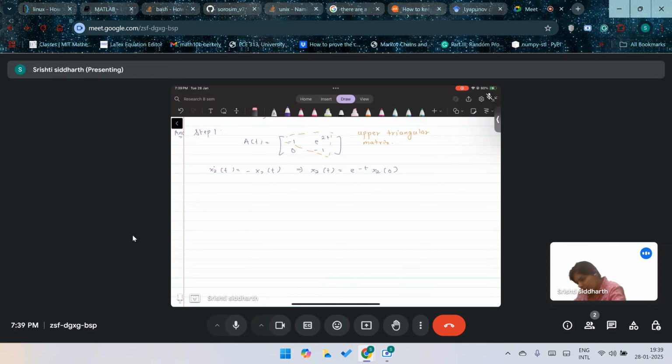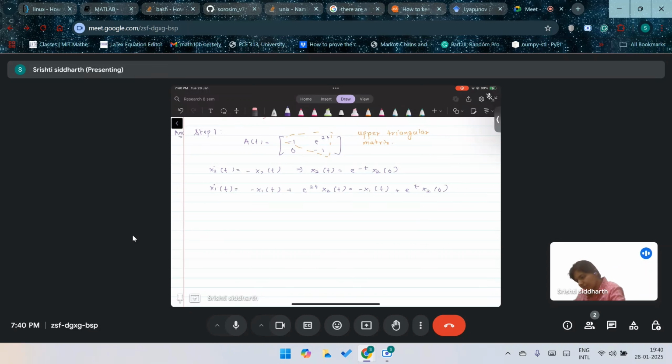Alright, and then we have x1 dot of t, which is minus x1 plus e to the power 2t times x2(t). This is nothing but e to the power t times x2(0). Okay, so let's assume some initial conditions.